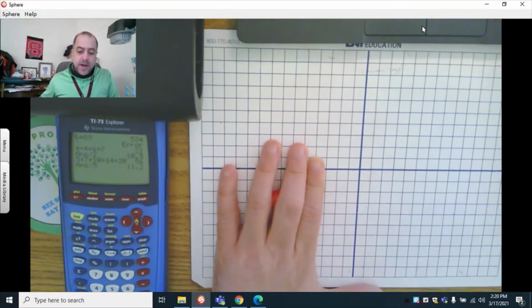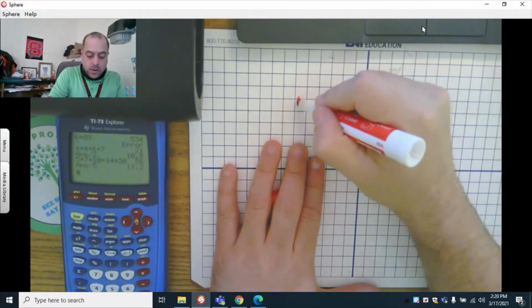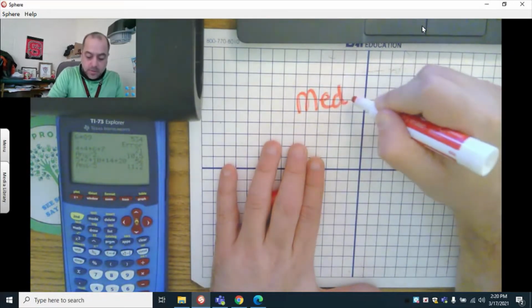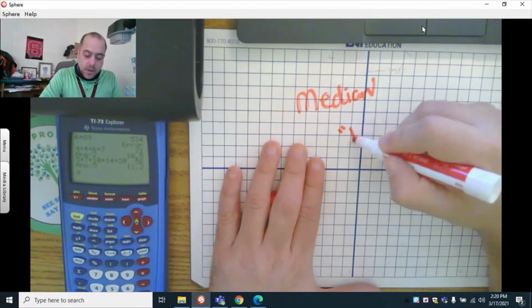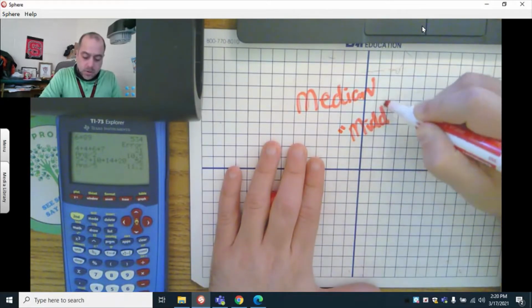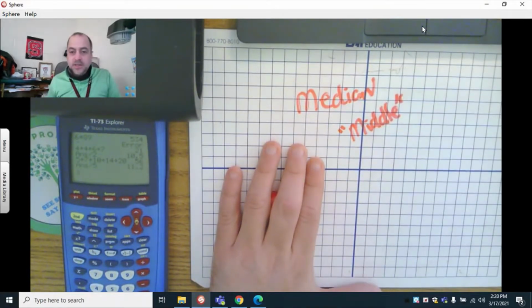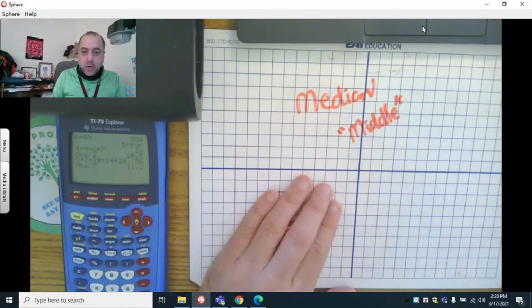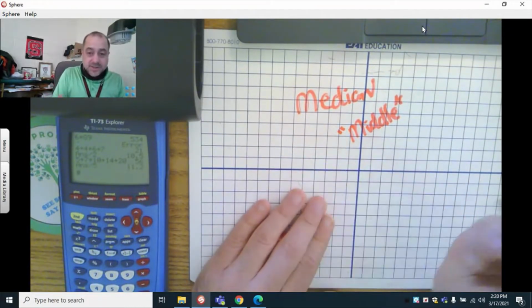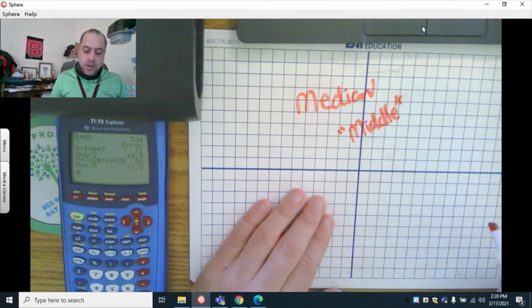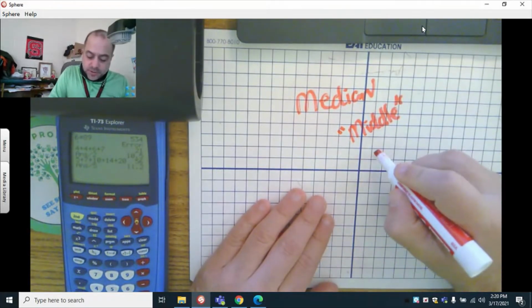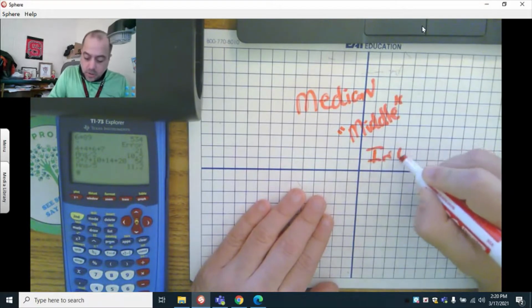Now we're going to talk about the median. Okay? And the median, think about the median is in the middle. The median's in the middle, okay? So let's do a whole different set of numbers. This time, and it's important that when you do the median, you arrange the numbers in order.